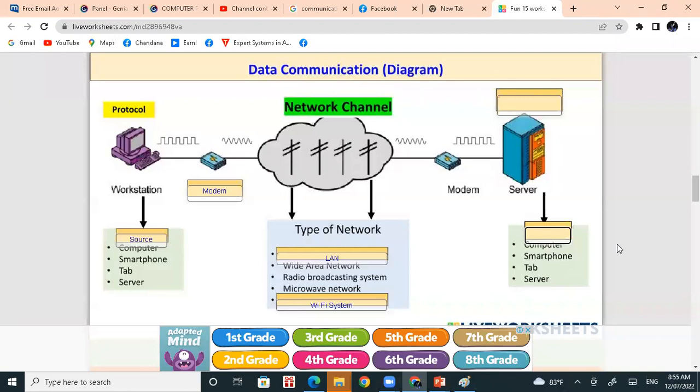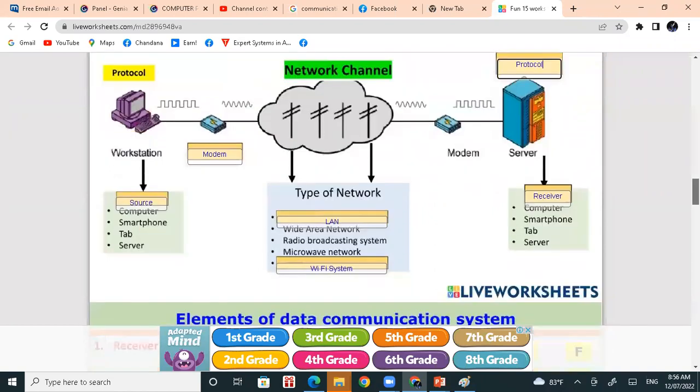Receiver. Yes, receiver is the destination location. Then what's the remaining one? Protocols. Right, that's also finished. Move to the next slide.